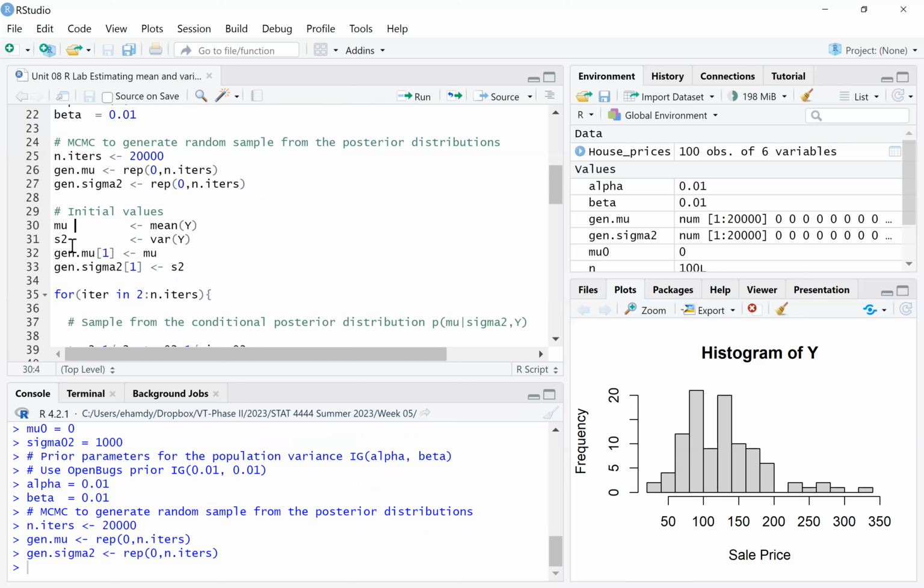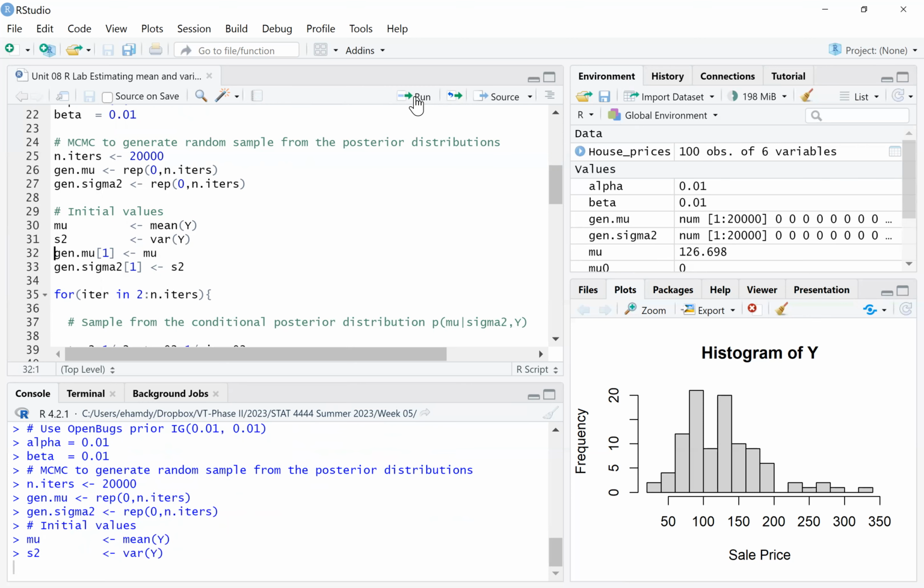And let's start with initial values. You can start with any initial value for mu, whether negative or positive. You can start with any initial value for sigma squared, but it should be greater than 0. I will start with nice values. I choose the initial value of mu as y bar, and the initial value for sigma squared as s squared.